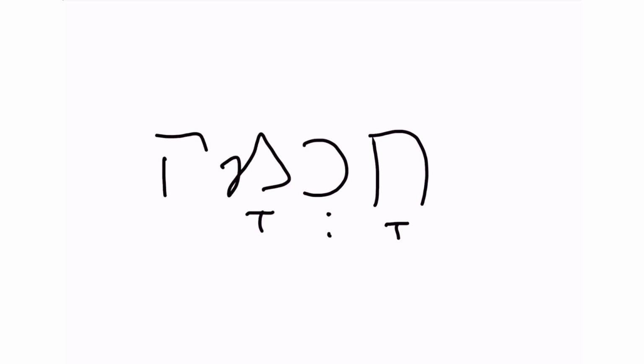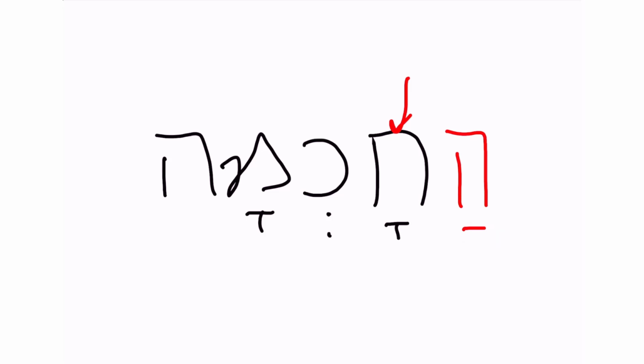There are times that you will have something that's called virtual doubling. So let's take the word chokhmah. Chokhmah. This is a guttural letter. If you try to put the definite article on it, it won't take the dagesh. However, this patach will not lengthen. This will be the form that you get.